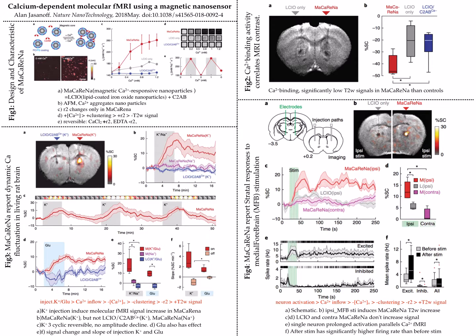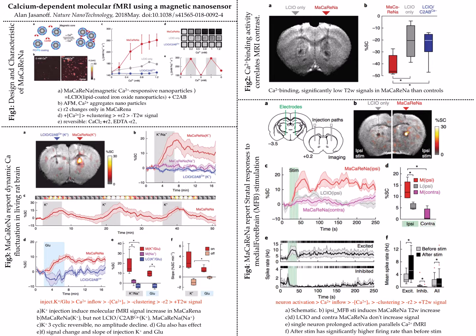As we can see in figure A, the right hemisphere was injected with MaCaReNa solution, and you inject some potassium in, and you see the signal increase quite significantly. But on the other side, with the fake MaCaReNa, that is the mutant C2AB, even though you inject potassium, there's no signal change.